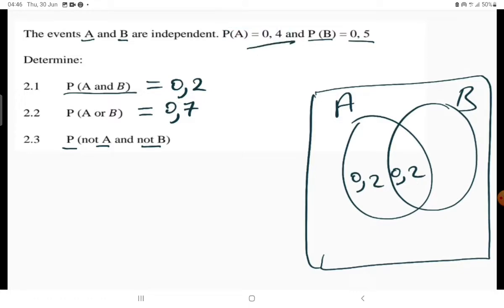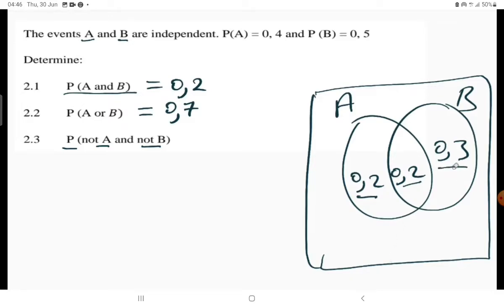Then for B, probability of B, we have 0.5 there. So to get 0.5 here, we have 0.2 plus what? To get 0.5, we need 0.3. So this is what we have. Now you can see that 0.2 plus 0.2 is 0.4, plus 0.3 is 0.7.